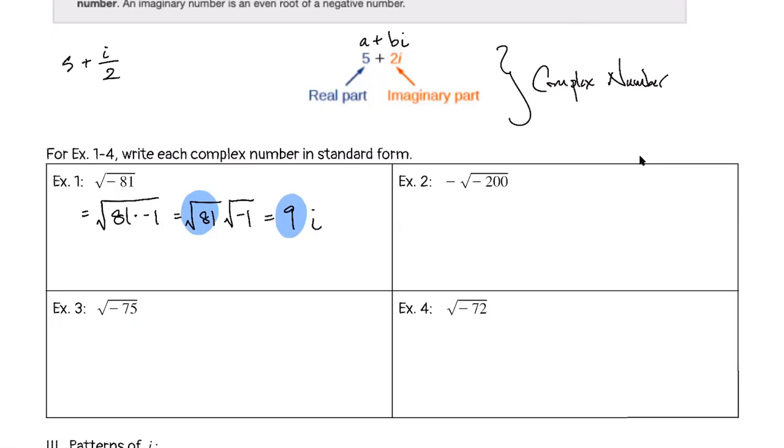All right. Let's take a look at example 2. I've got a negative sign in the front. How can I split the square root of negative 200 into 2 square roots?